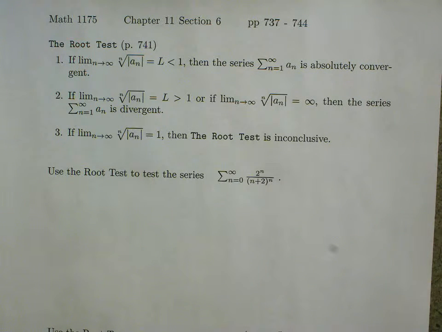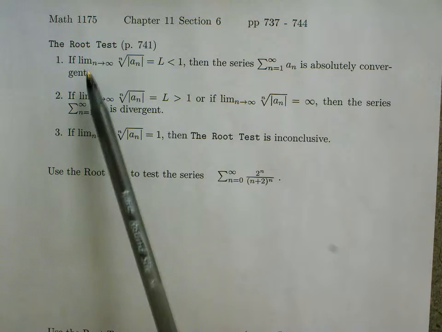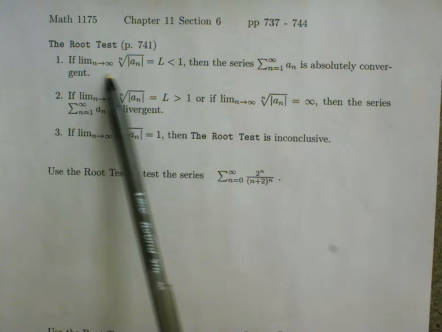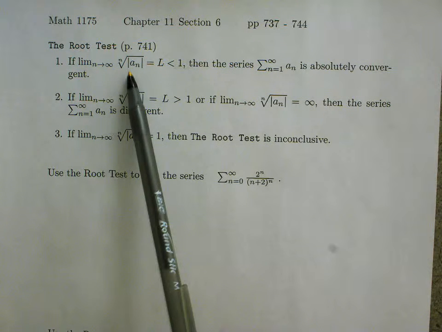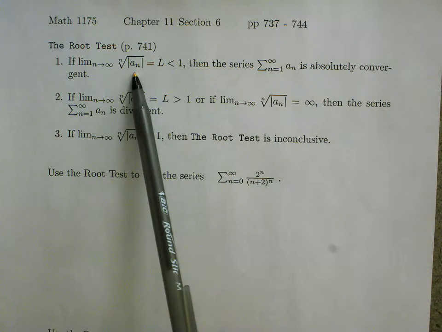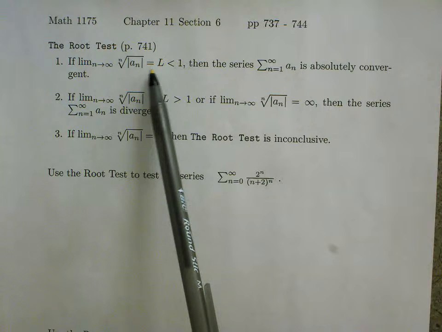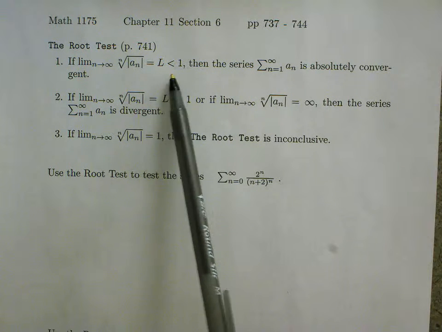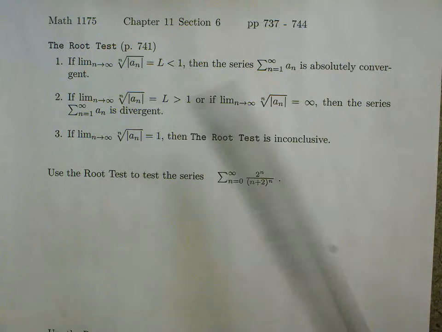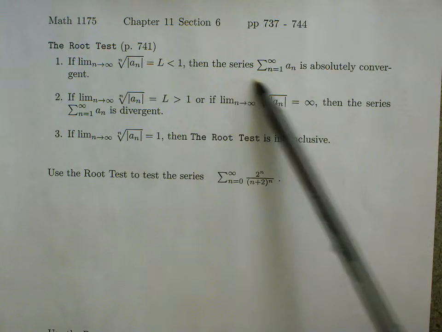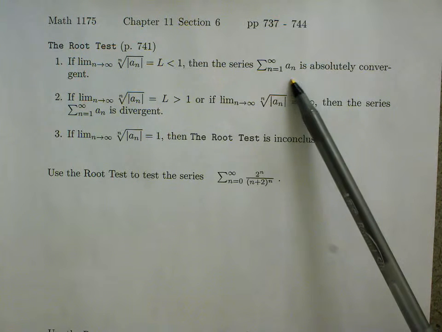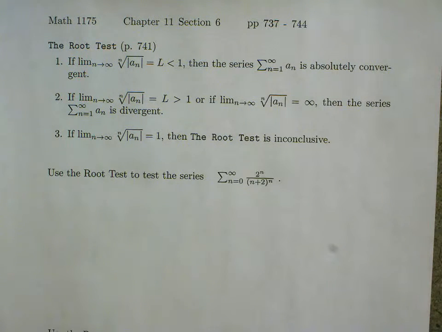The root test. If the limit of the nth root of the absolute value of a sub n as n approaches infinity is equal to a finite number less than 1, then the series of the a sub n terms is absolutely convergent.